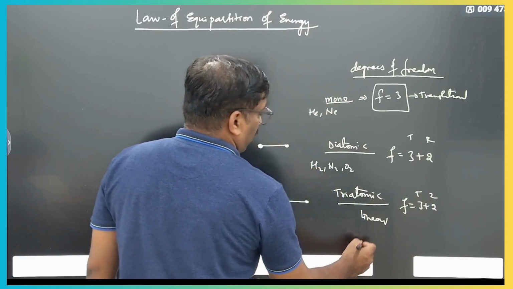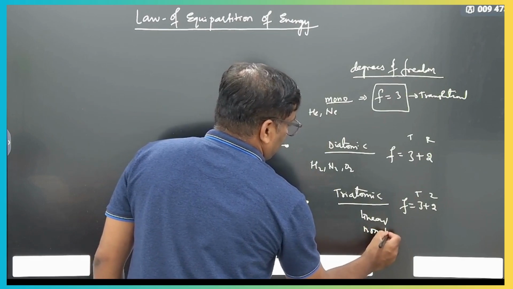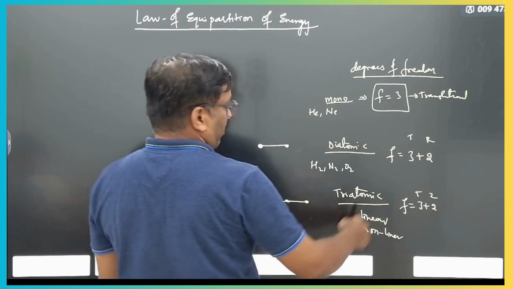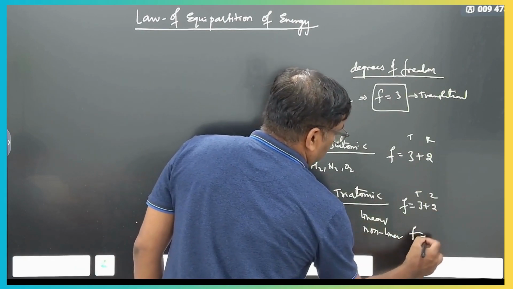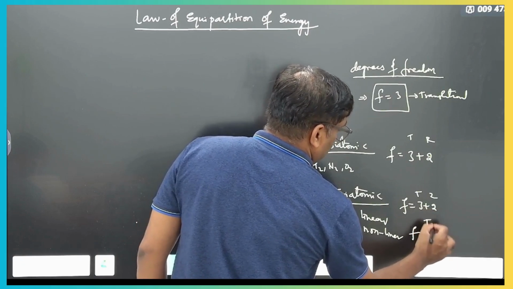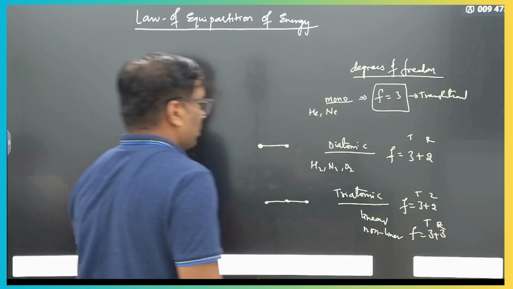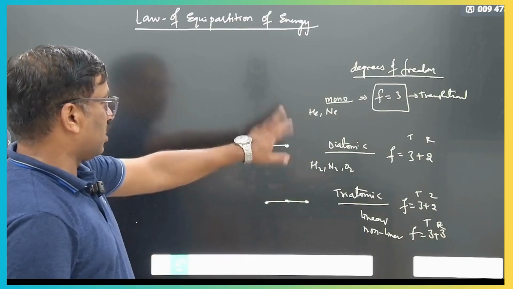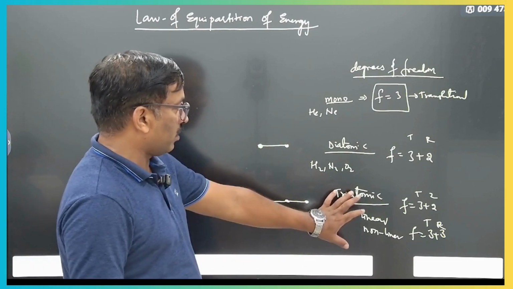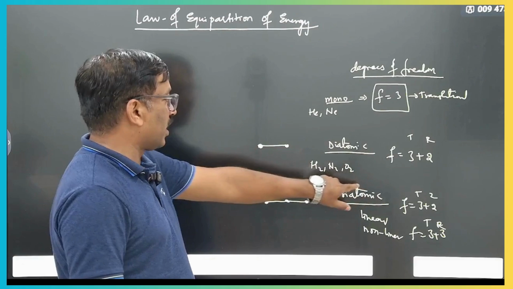Yes or no? For non-linear, we can take vibrational also, therefore for non-linear, 3 translational plus 3 rotational. So this will be your degrees of freedom for a triatomic. Only translational and rotational we take now.